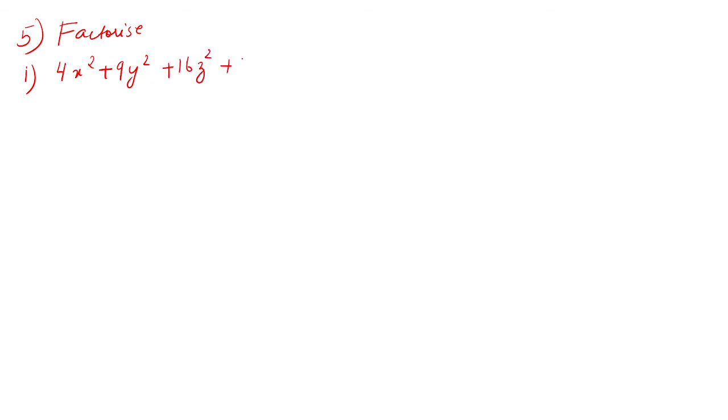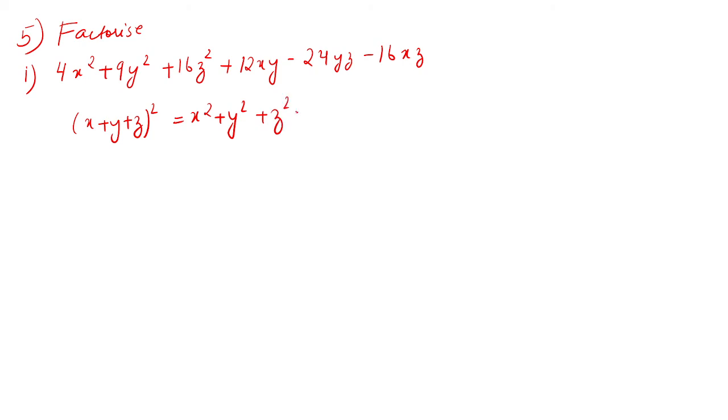Now I think when you see this identity, you must be thinking of a formula that we did just now, right? What is that formula? X plus y plus z whole square is x square plus y square plus z square plus 2 into x into y plus 2 into y into z plus 2 into z into x.